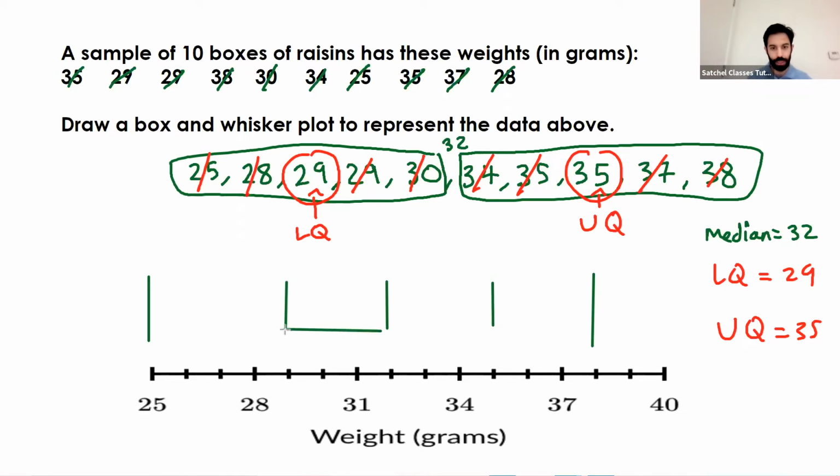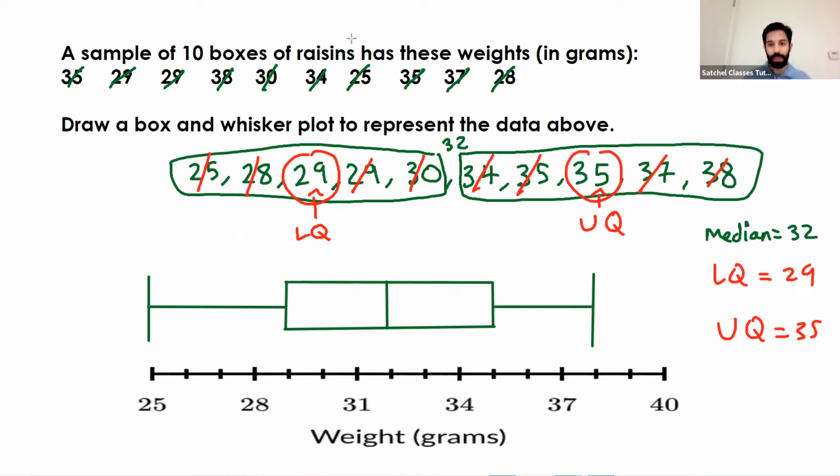And then join the lines up together, and this is what our box plot will look like. Again, as you will have grid paper or squared paper, it will be quite easier to draw your box plot, but make sure you're always using a ruler as you do it. And that's it for this example.